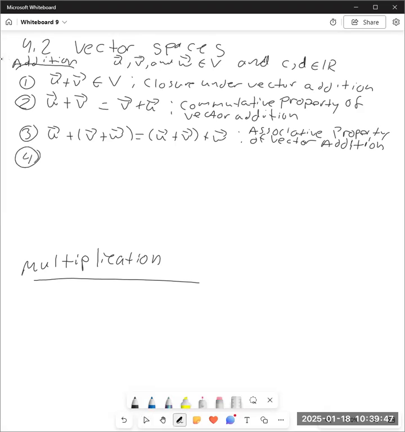So closure means that, for example, when I add a real number to a real number, I get a real number.